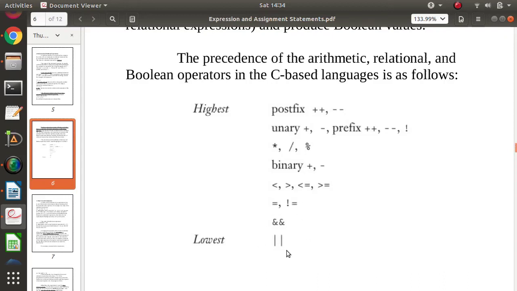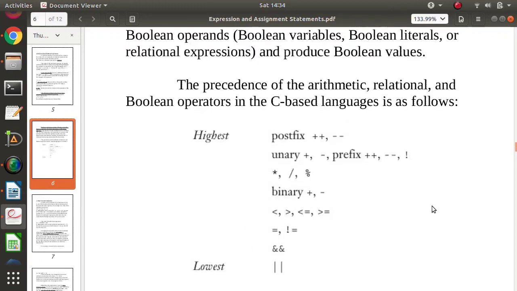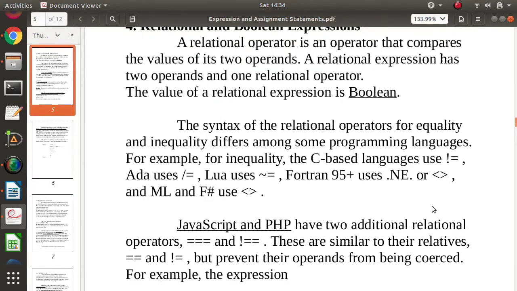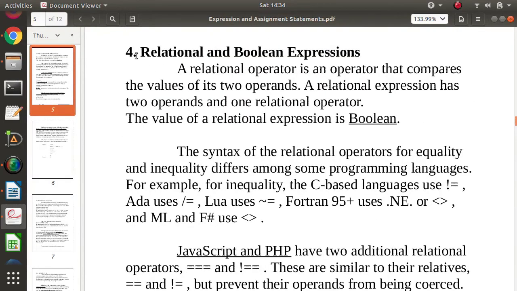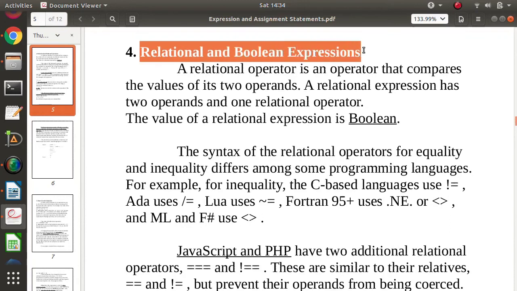Then Boolean operators: and, or. So these have the highest precedence and these have the lowest precedence. Here the precedence gets decremented going down this side. In this way we have relational and Boolean expressions.